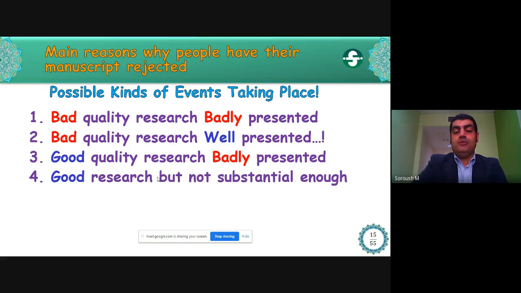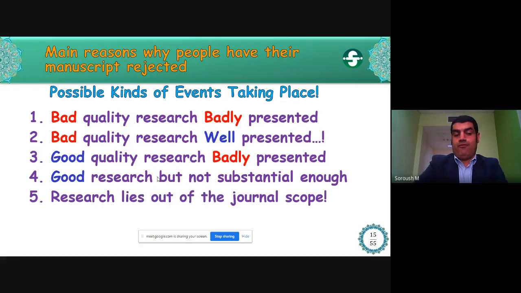Some works are also good, but are not substantial enough. It means that there is no necessity for them to be considered, or there is no essential problem to be resolved. So such works take the tag of good research, but not substantial enough.